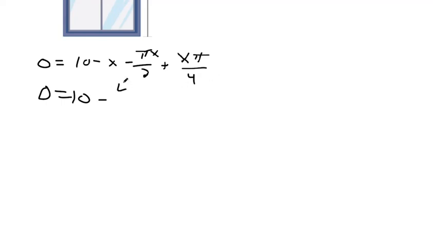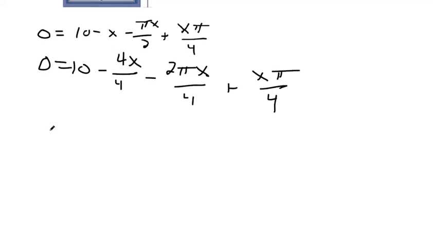So this is going to be 4x over 4 minus 2 pi x over 4 plus x pi over 4. And if we combine all those x terms, so we got 4x minus 2 pi plus another pi, so that's minus 1 pi over 4x. So I just combine the numerators because they all have common denominators.